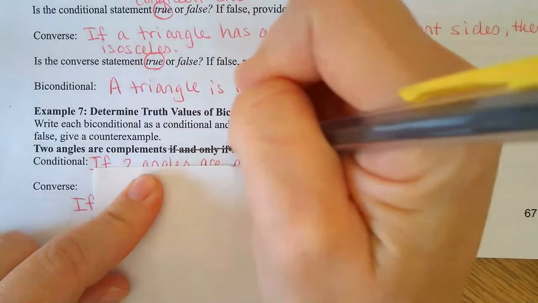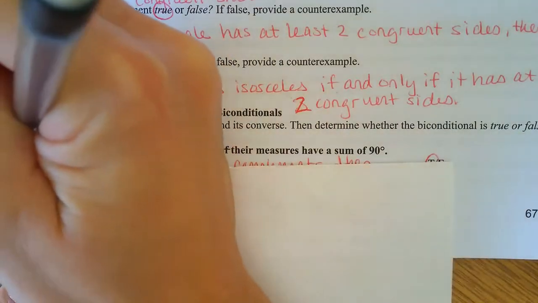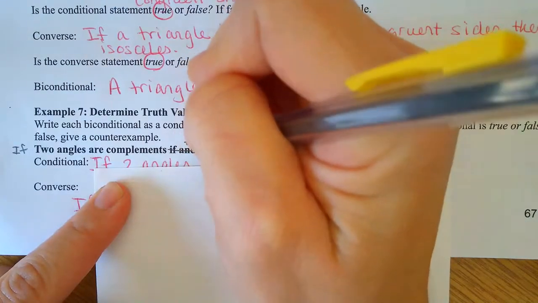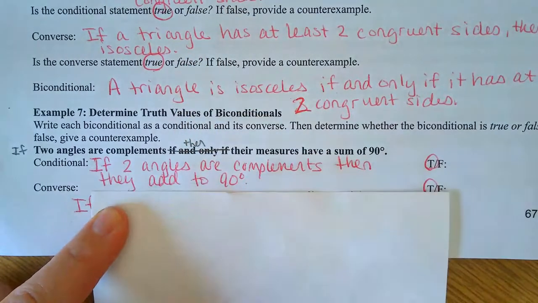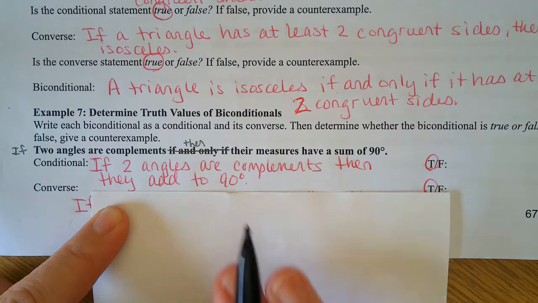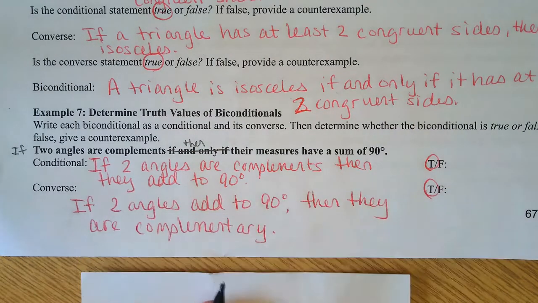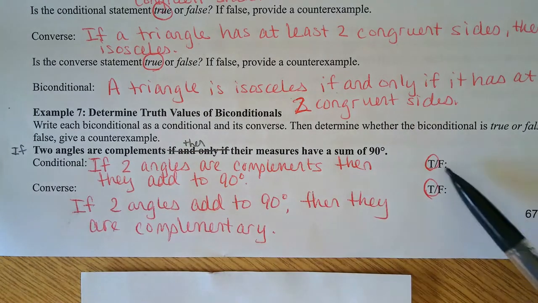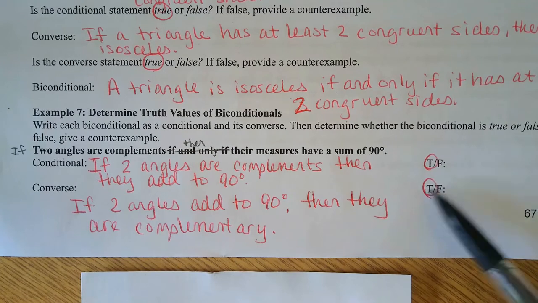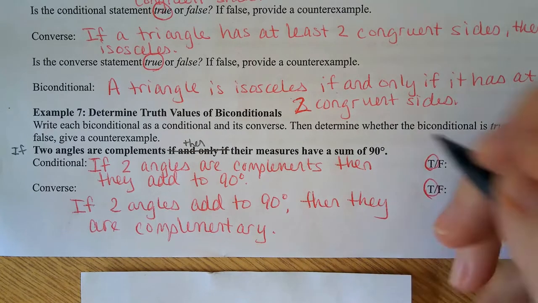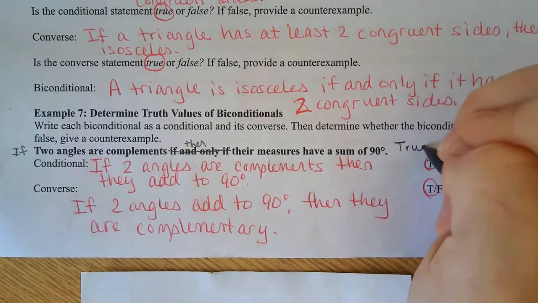So take this phrase out. Put the word if in front. Put the word then where you had that phrase. So there is your conditional. If two angles are complements, then they add to 90. Converse is where you're going to switch it. So if two angles add to 90, they are complementary. Both of those are true, so therefore your biconditional in this statement would be true.